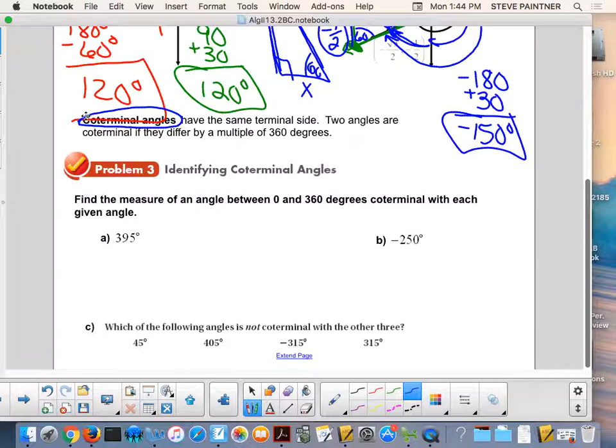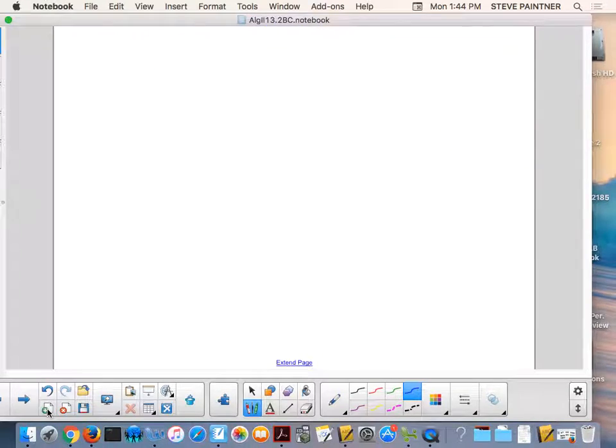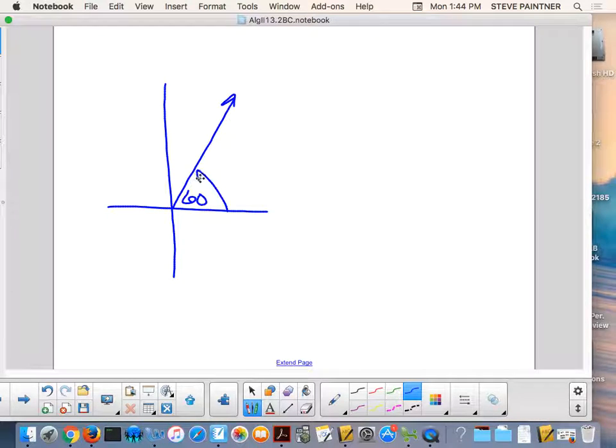Okay. What is coterminal? Coterminal is this. Okay. See this? I'm going to make this up. 60 degrees. So that is a 60-degree angle. Coterminal means give me another measure of an angle that lands in the same spot. This is called the terminal side. I need another one. Another angle that is not 60, but it looks just like a 60.